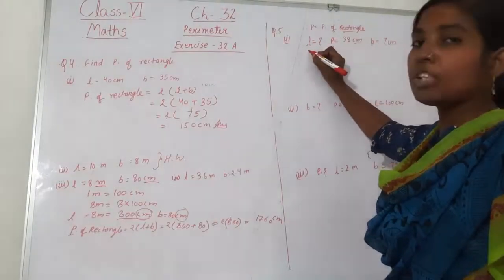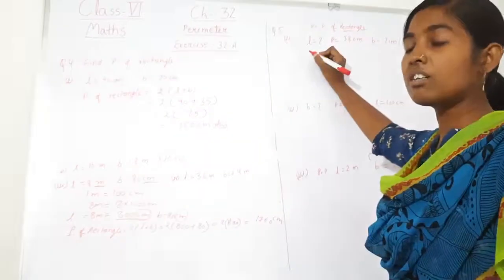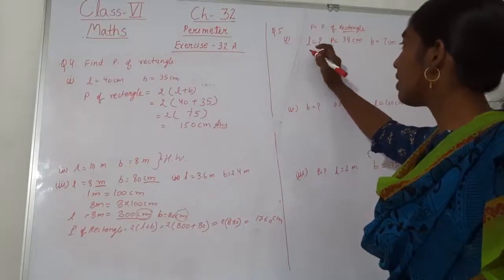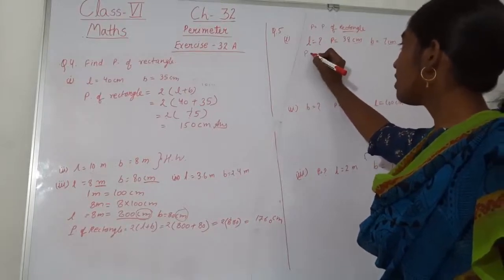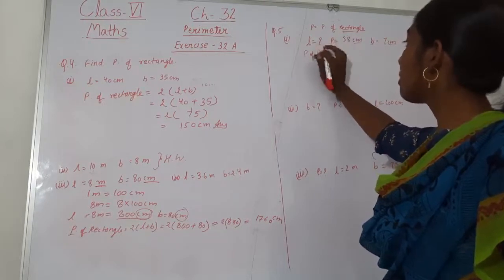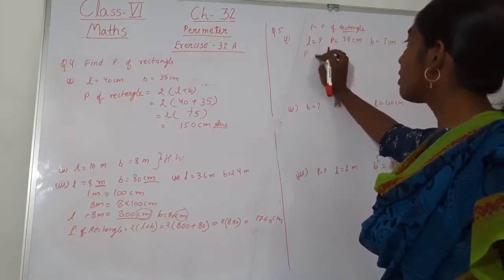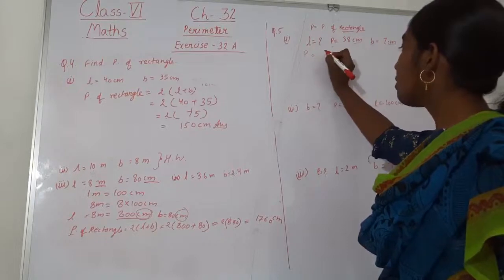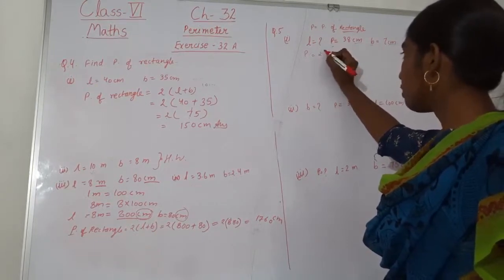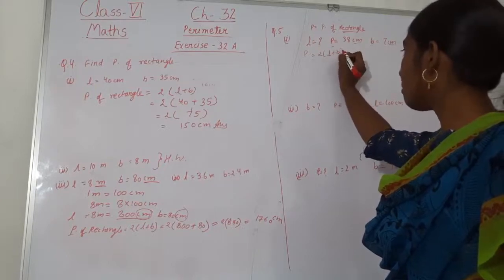If you don't remember the length formula, you can directly start from the perimeter formula. So this one I am solving with the help of the perimeter formula. Perimeter of rectangle, this P means perimeter of rectangle, so I am writing P only. Perimeter of rectangle is equal to 2 into (L plus B).